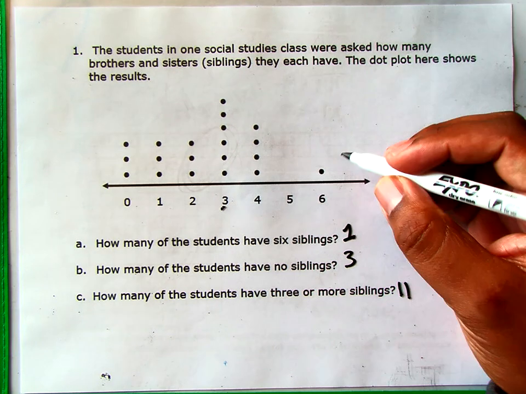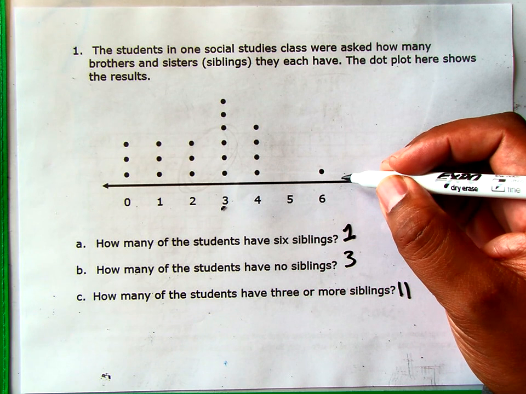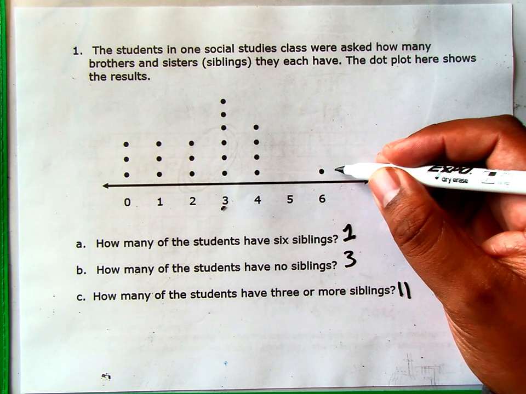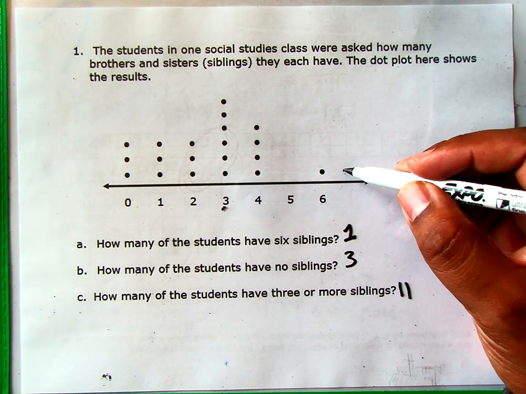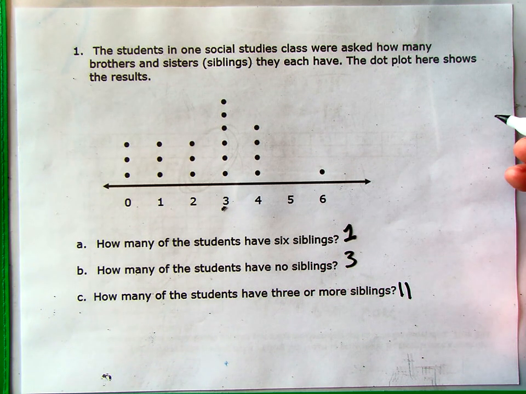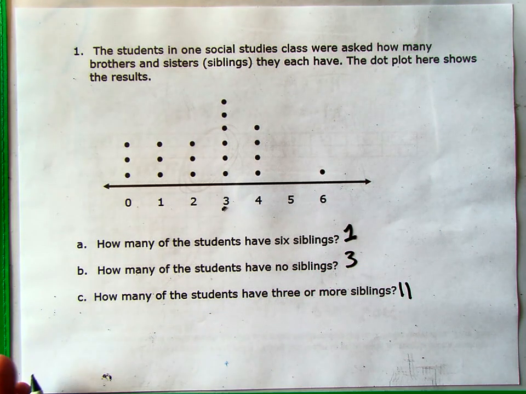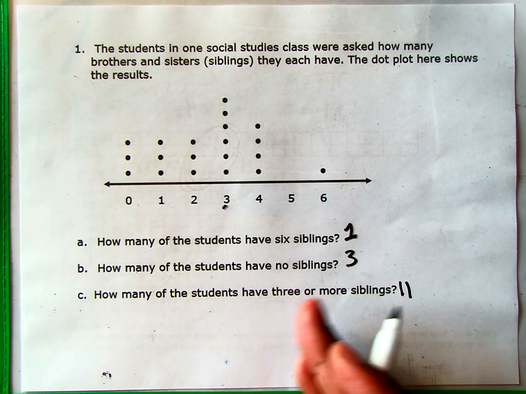So since you've got a smaller amount of data to one side, that's where the skew is going, where the smaller data is. So since it's smaller data to the right side, this is skewed to the right. Okay, so be aware of being able to determine whether something is skewed to the left, skewed to the right, or symmetrical.